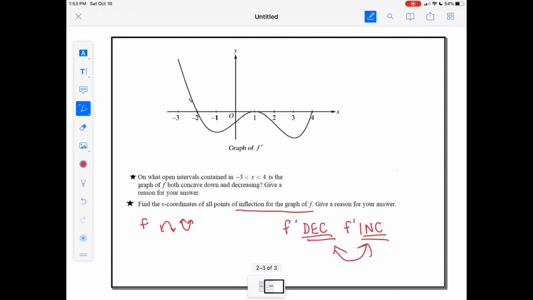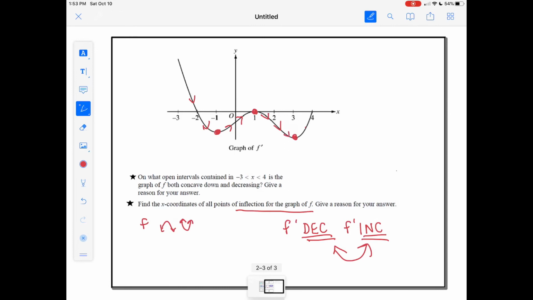And let's see. Here, f prime decreases and then increases. So right at that valley, we have an inflection point. And then what happens? It goes from increasing to decreasing. So right here, I have another inflection point.